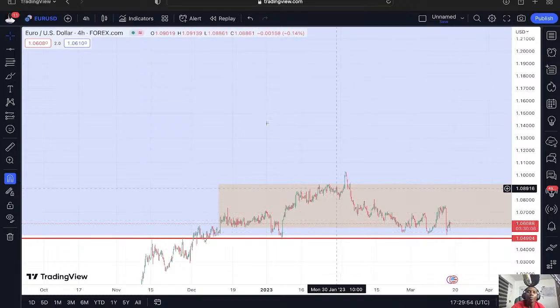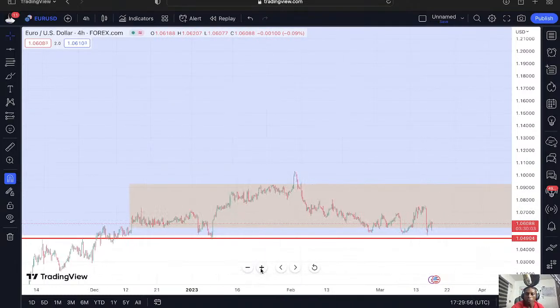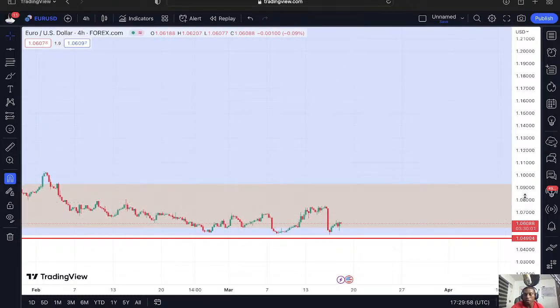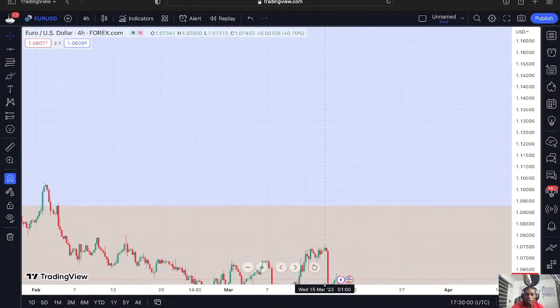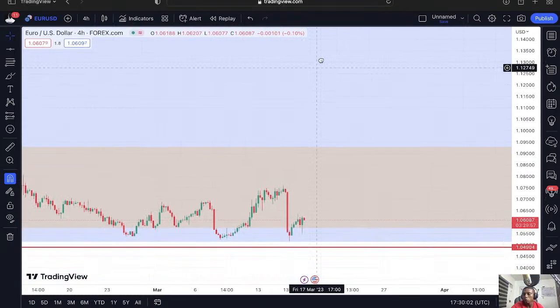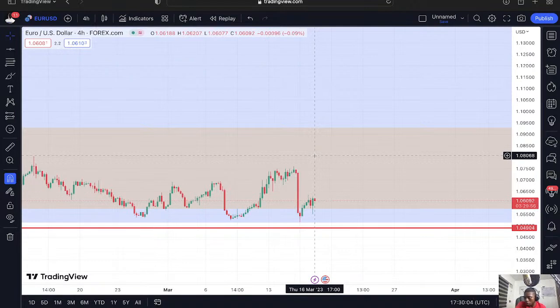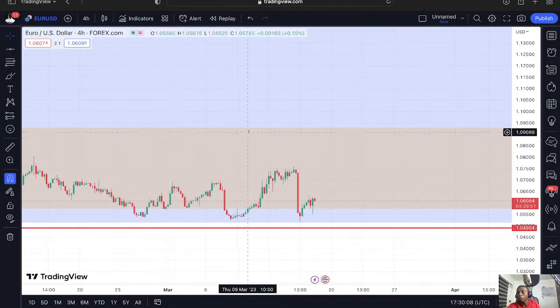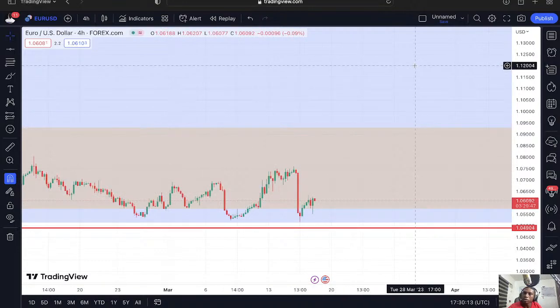Then how do you position for an expectation like this, in a situation where you don't know what side to immediately jump in on? From the analysis we can see that it can either break out of this region or break out below this region.